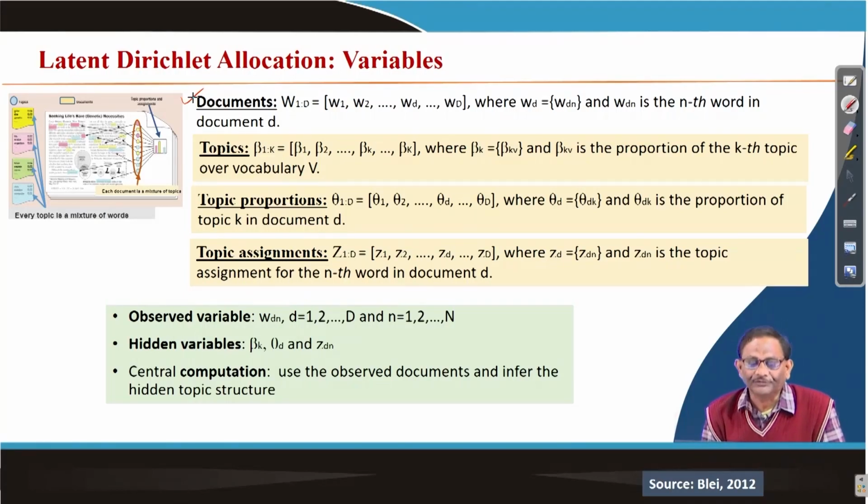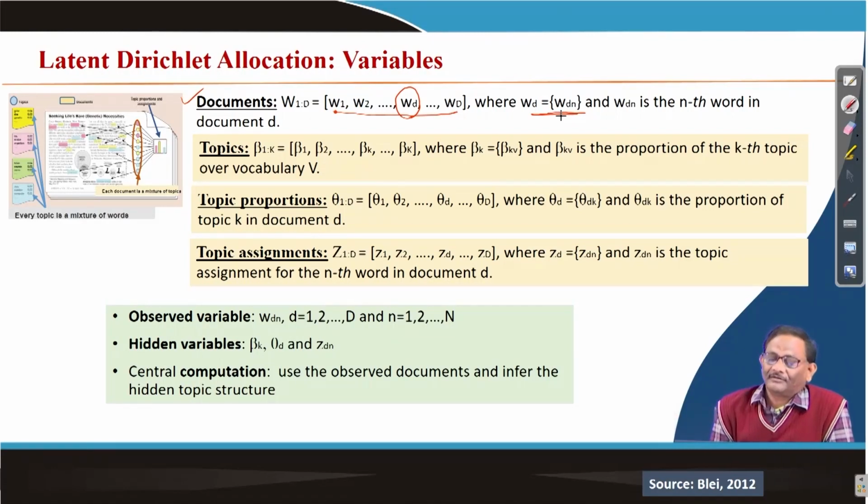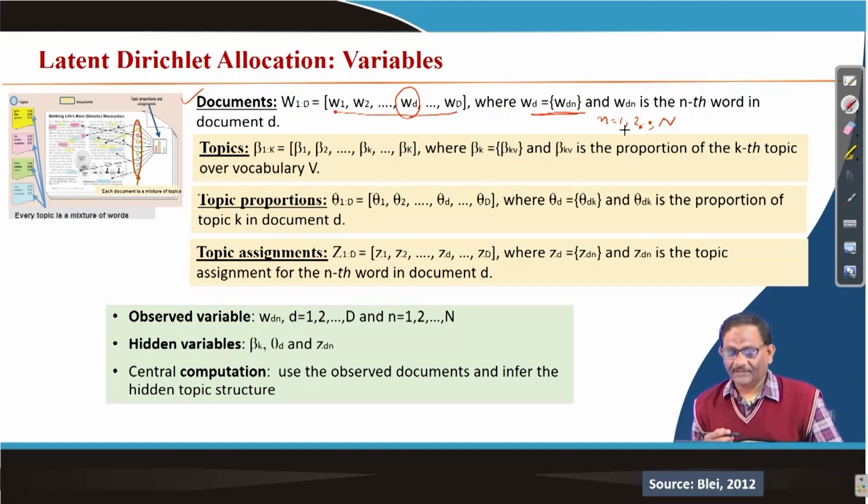So there are D number of documents, and in every document it is a vector of words. So W_d is W_dn, a vector, where W_dn is the nth word in document d. If we consider a document has capital N number of words, then small n equals 1 to capital N. So these many words will be there.